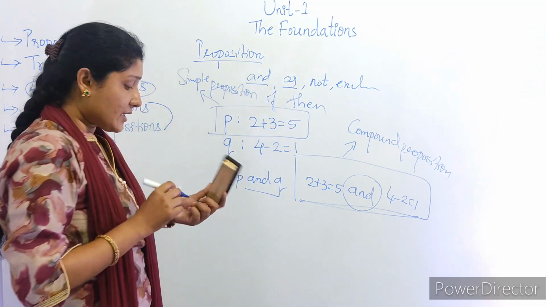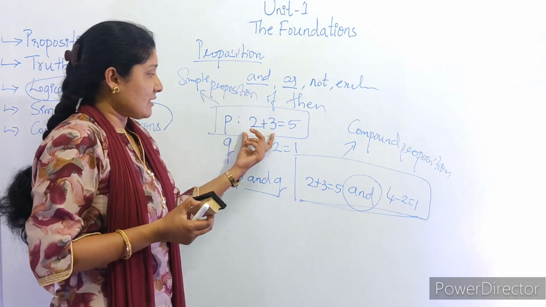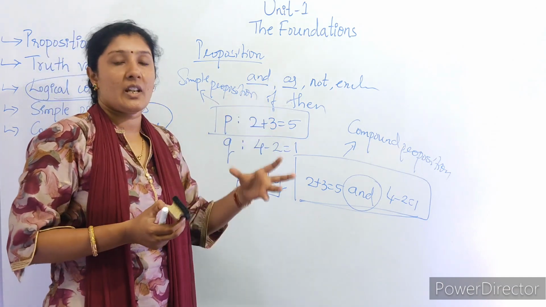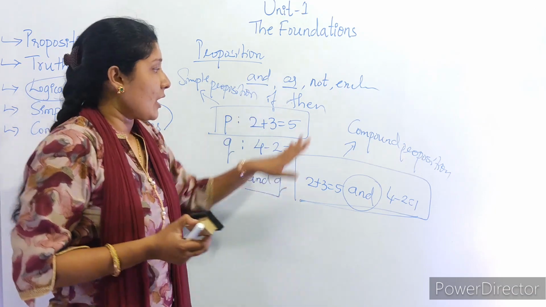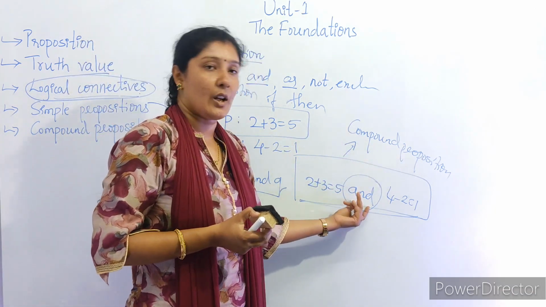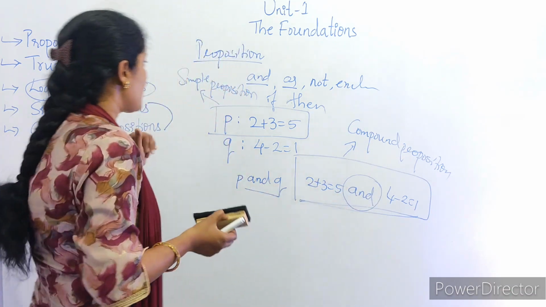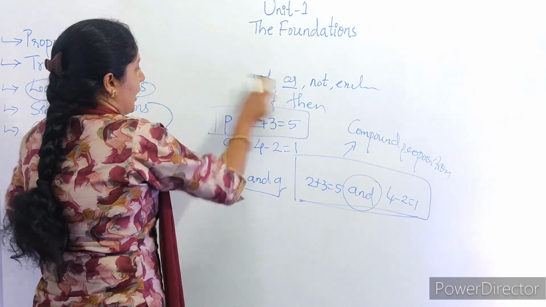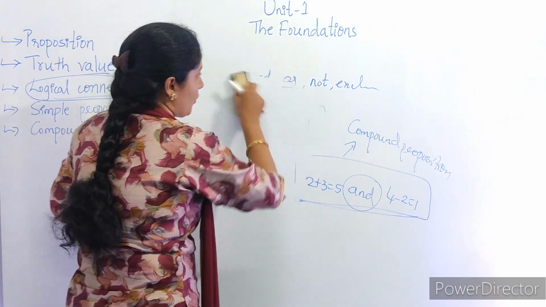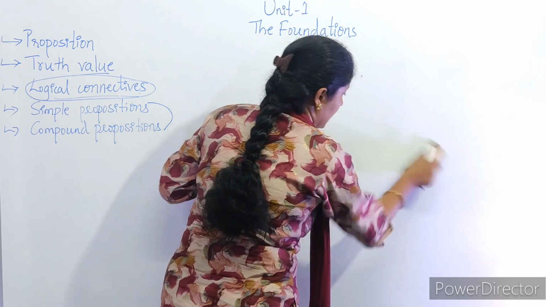Now, what is simple, what is compound then? Simple proposition means the proposition without any logical connective. Compound proposition means the proposition with logical connective. It can be any logical connective. So now, in the compound propositions, we are having some logical connectives.